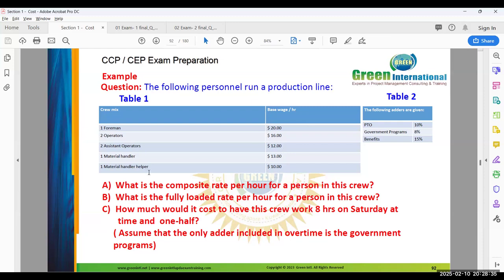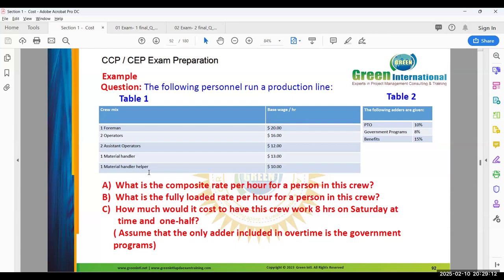Then you will get the per hour rate. Just calculate it. 99 by 7. $14 per hour composite rate.